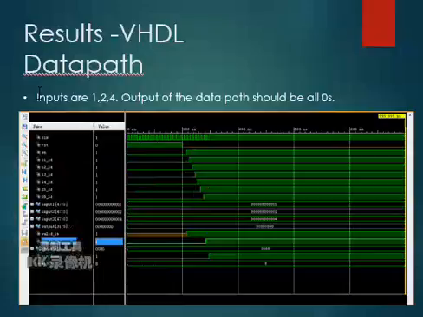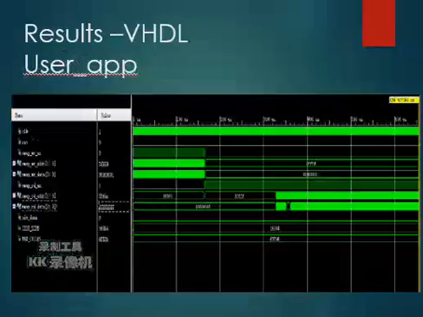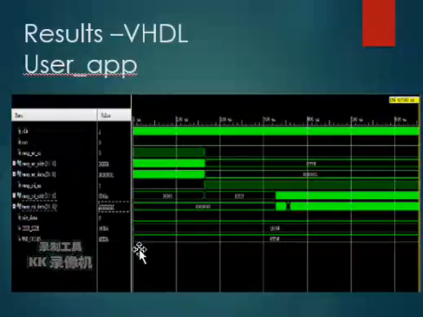The input is 1, 2, 4, and the output data should all be zeros, and it is correct. And this is another dataset tested on the data path. The inputs are 128, 129, and 8. The output of the last 2 bytes should be all ones, and it is correct as well. And this is the whole simulation from Vivado, which is correct as well.